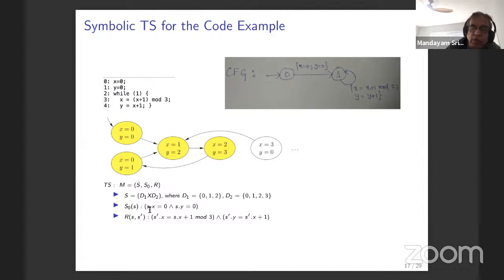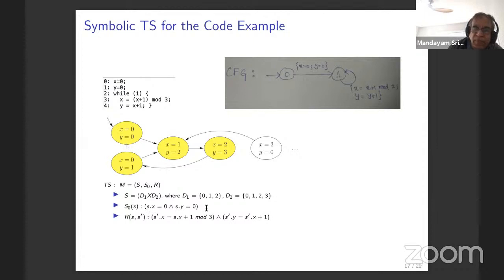S has two variables in this case, X and Y, so the state itself is a tuple, and S.x and S.y are the two variables. The initial state is captured by this formula.